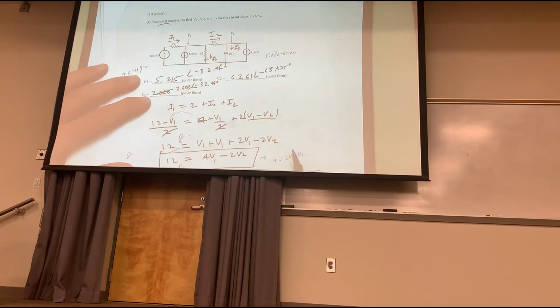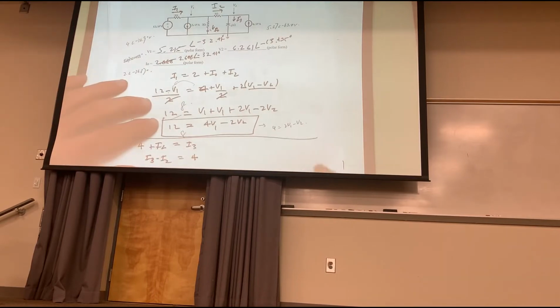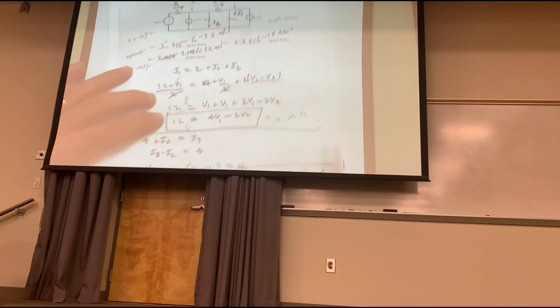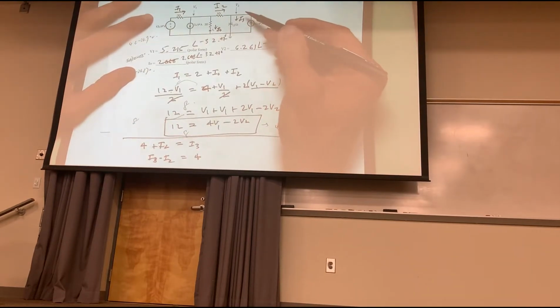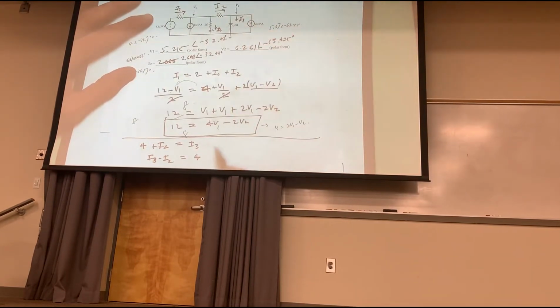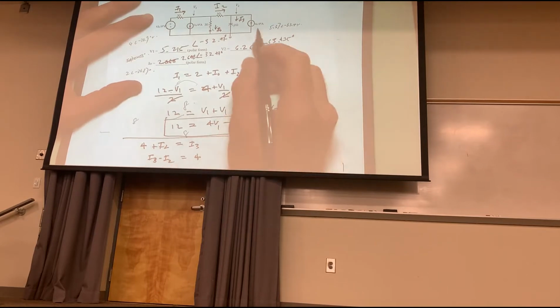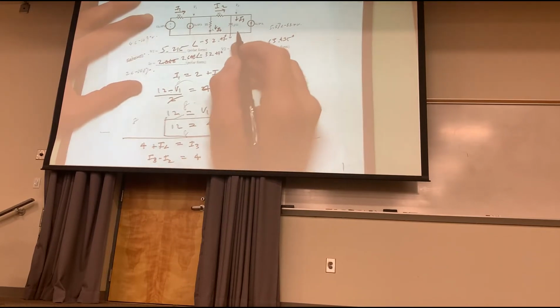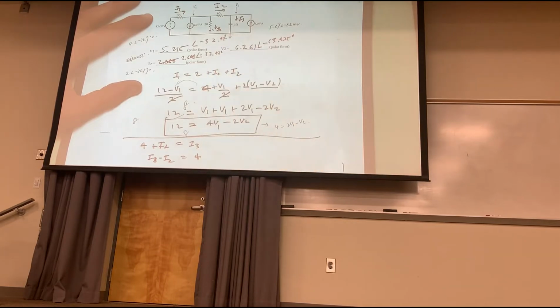All right, that's the first equation. This is when it's modified to get rid of the half. You're going to multiply by 2. You end up with this basic equation here when it's all said and done. Now the second equation right here for V2, or the second node, what flows in is I2 right here, but 4 flows in as well, is equal to I3. Now you go ahead and put in the values.